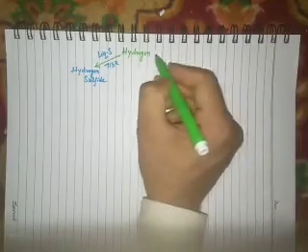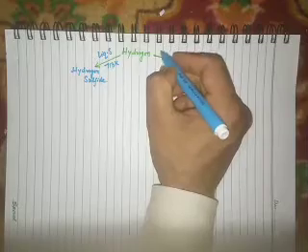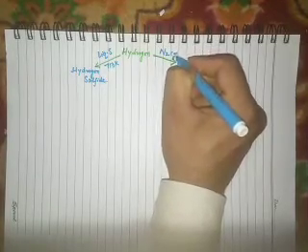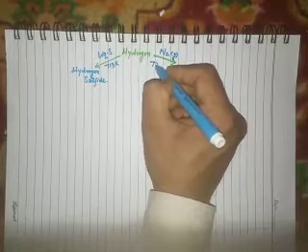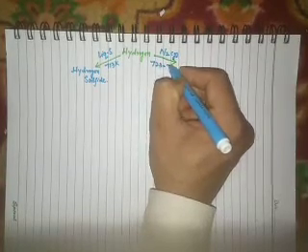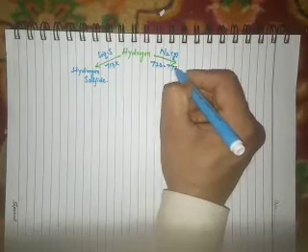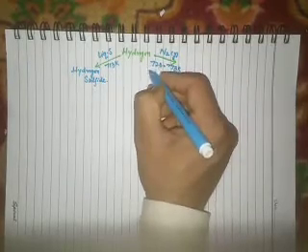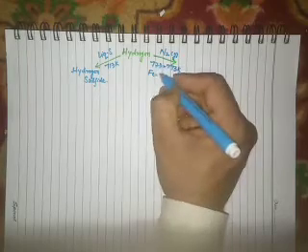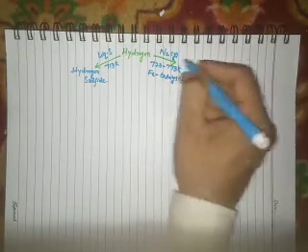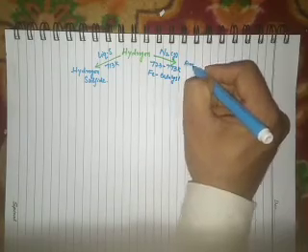This is the covalent hydride. And in another case, if we react hydrogen with nitrogen gas at 723 to 773 Kelvin, and we also use iron as a catalyst, here we obtain ammonia.